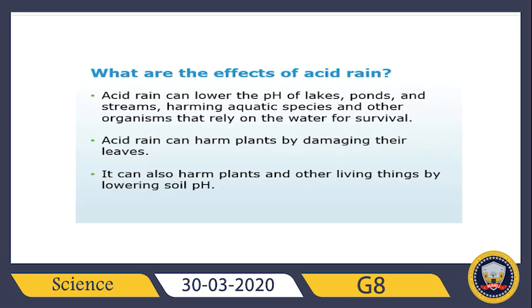Acid rain can also harm plants by damaging their leaves. It can also harm plants and other living things, as we discussed before, by lowering soil pH. And if the pH of the soil decreases, as we said, the nutrients will not dissolve well in the water of the soil.